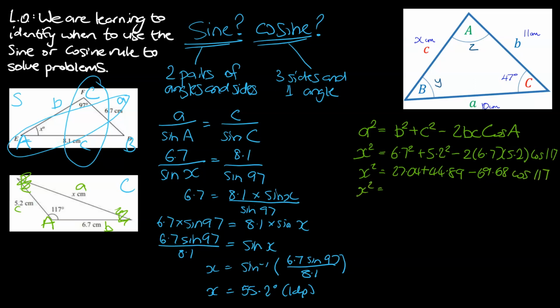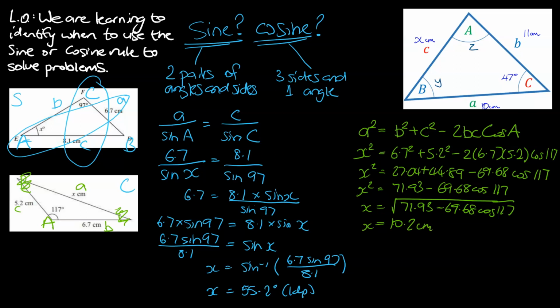That means x squared is equal to 71.93 minus 69.68 cos 117. From there, I'm going to move the square over as a square root, so 71.93 minus 69.68 cos 117, all square rooted. When we put that into our graphics calculator, hopefully you're getting 10.2 centimeters, and again I rounded that to 1 decimal place.